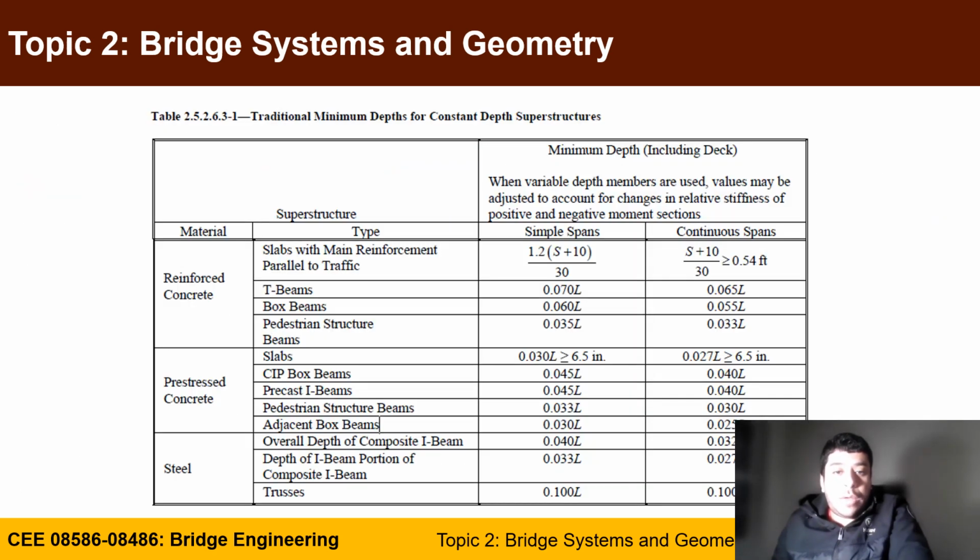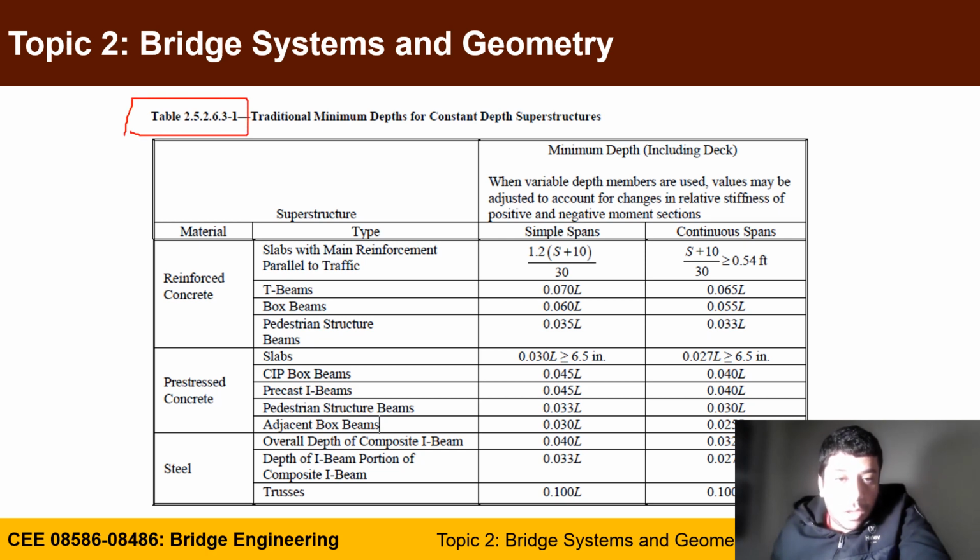This is actually where we can see from AASHTO. So in AASHTO LRFD, you will be able to see in Table 2.5.3.2.6.3-1 the minimum depth requirement for each superstructure type based on material. First one is reinforced concrete, second one is prestressed concrete, third one is steel.